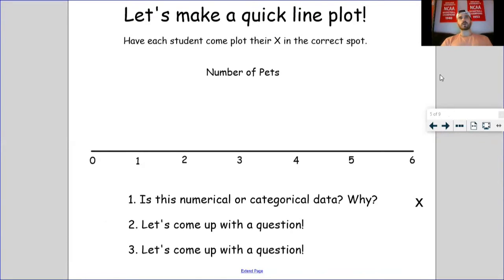And here's where in class we'd ask this question. We'd ask them how many pets they had. We'd plot our data. I'm just going to make these up real quick. Let's say we have 1 kid who has 0 pets. We've got 4 with 1 pet. We've got 3 with 2 pets.